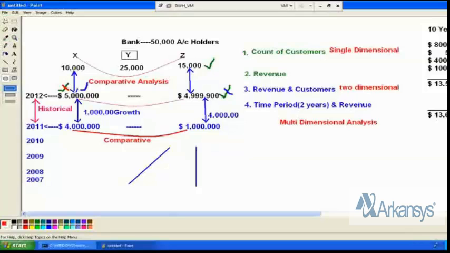Along with count of customers, revenue, time period, growth rate, we need to consider various other points also to decide which is the best place. Now, if you take other points too, it becomes maybe 8-dimensional, 9-dimensional, and you need to perform in such a way. If you are performing single-dimensional or 2-dimensional analysis, it is very easy to understand and decide which is the best place.